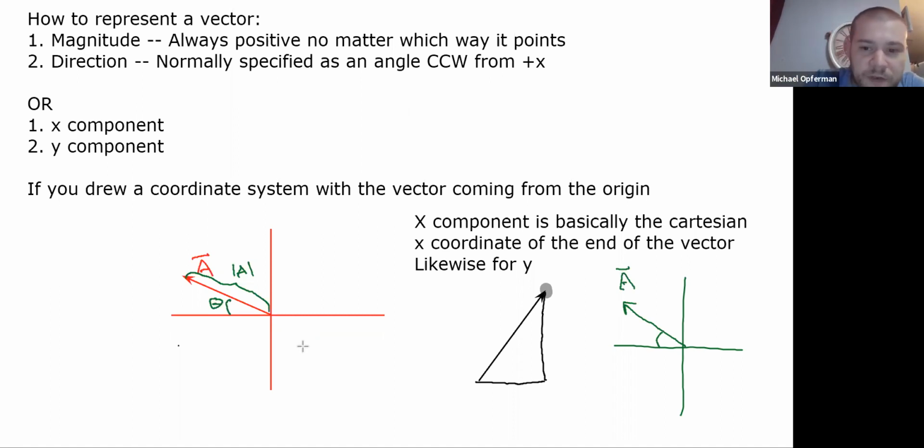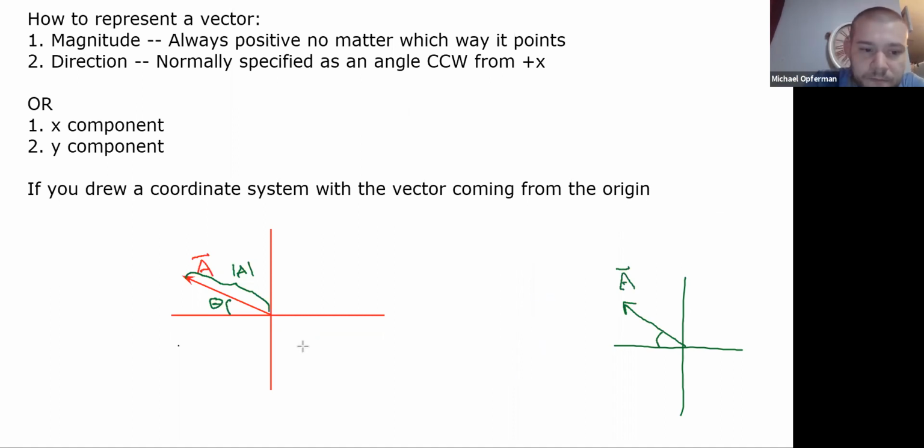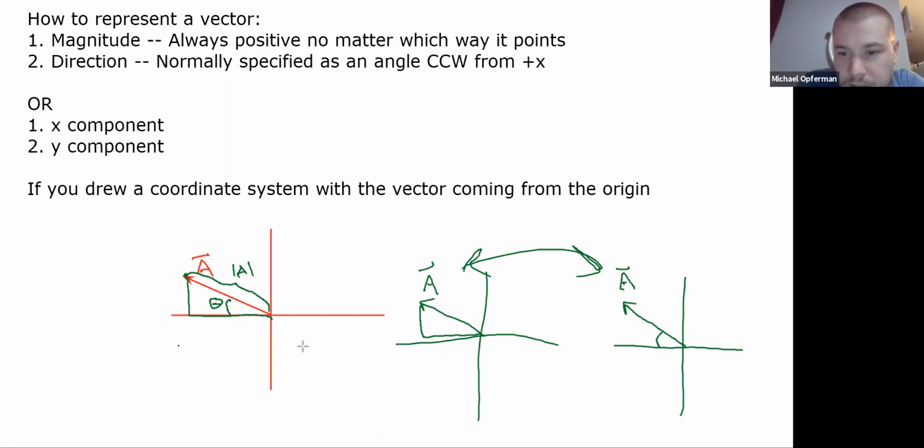The other way of specifying the vector is to say, how far do you have to go here, and then how far do you have to go here to reach the end of the vector? If you're rebuilding the vector in that fashion, you go this far in this direction, this far in this direction, and then you draw a vector from the origin to the final location, and you end up with the same vector in both cases.